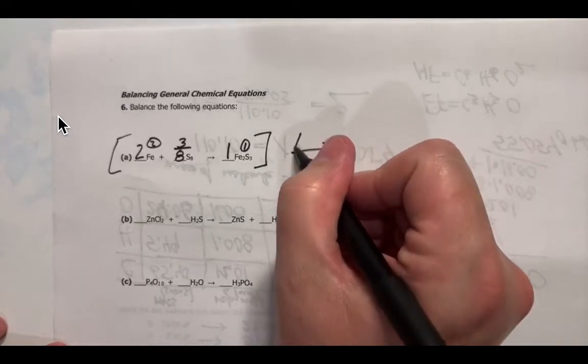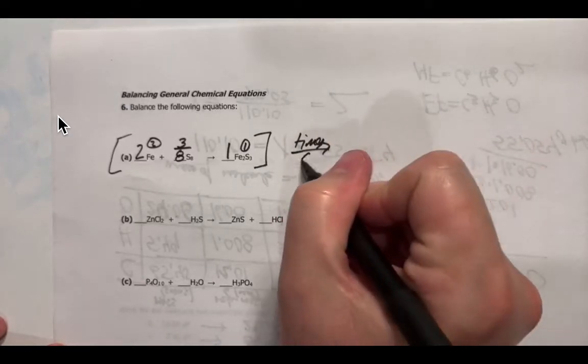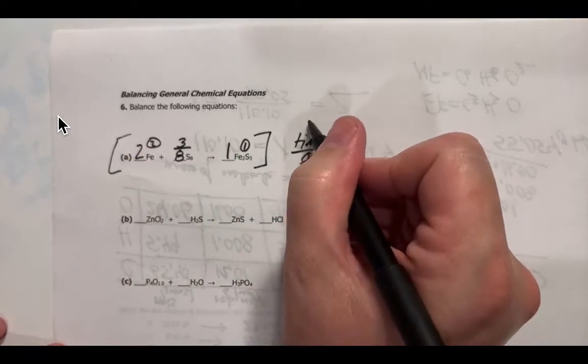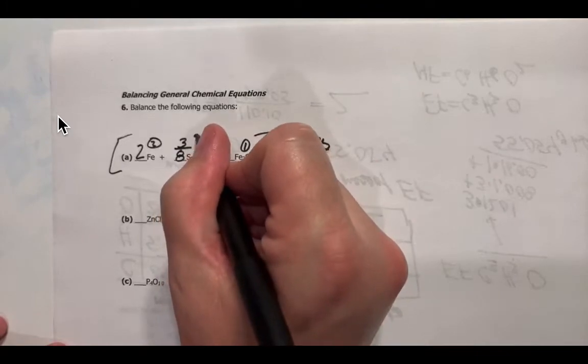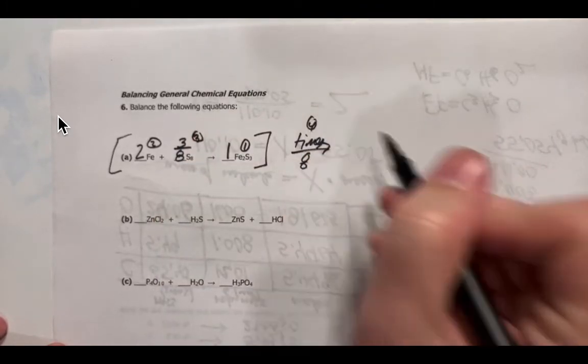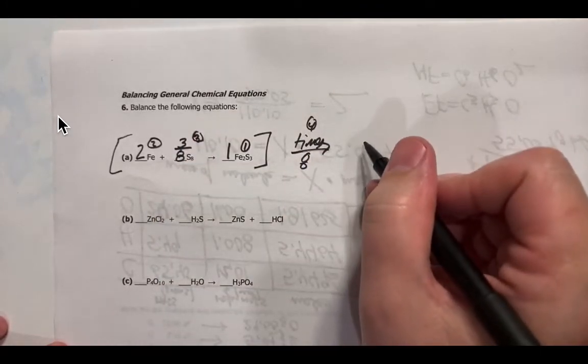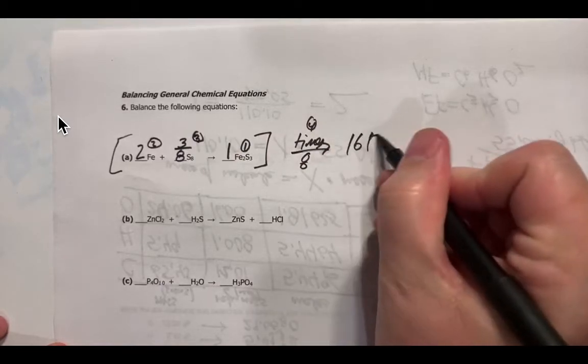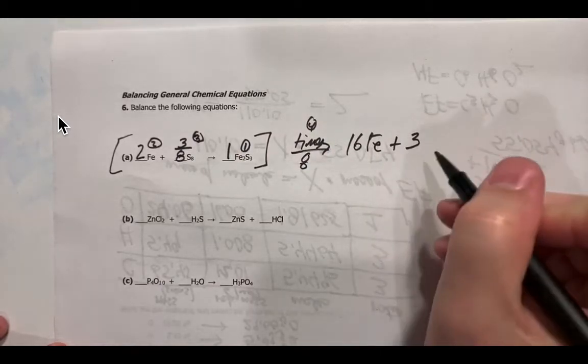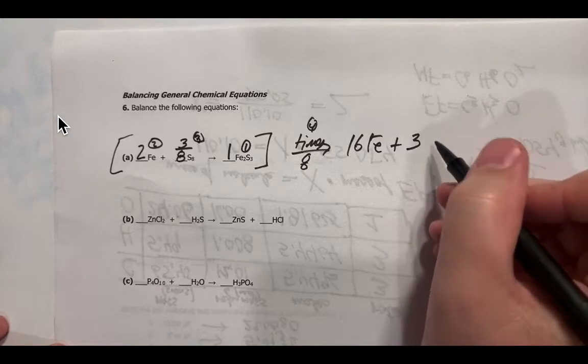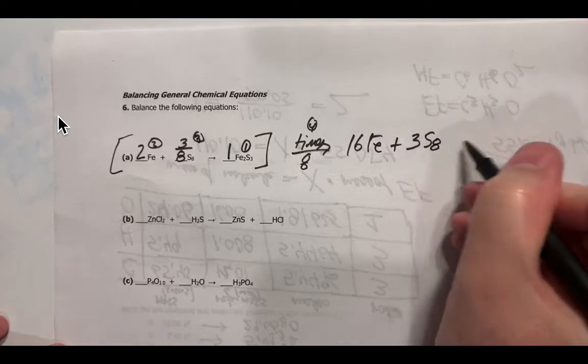And so I'm going to do times 8 here, and that will clear out the fraction that's there, and that will be my 4th step. So 8 times 2 gives me 16 irons. 3/8 times 8 gives me 3 S8s.